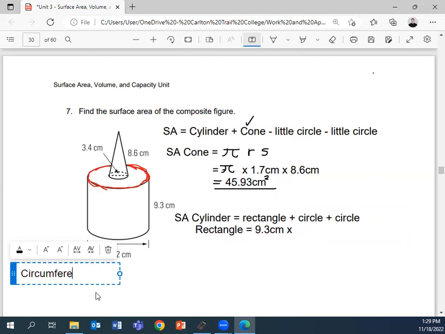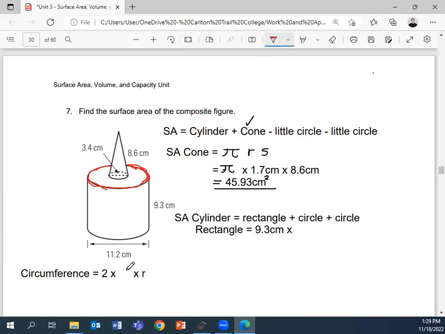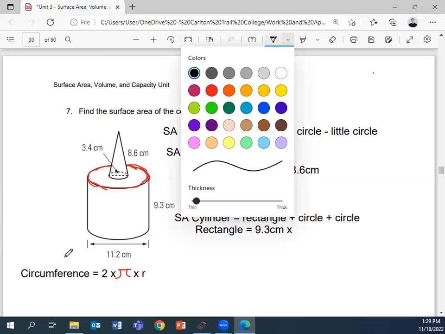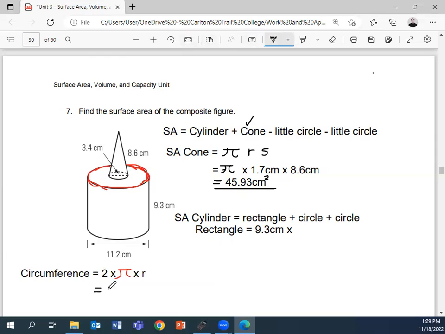So the circumference is equal to 2 times pi times r. My radius of what? What am I finding the area of?